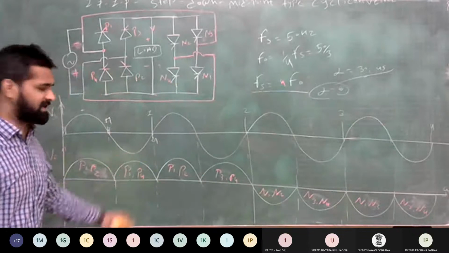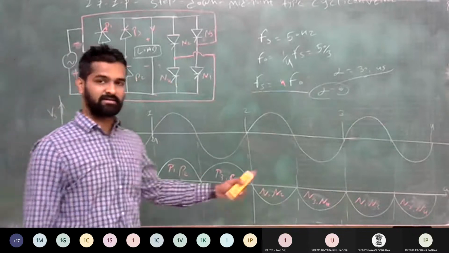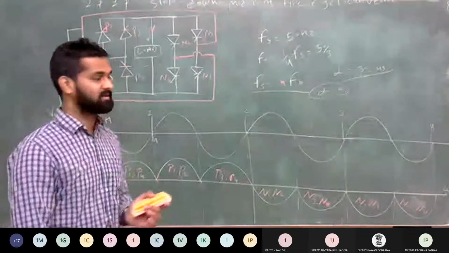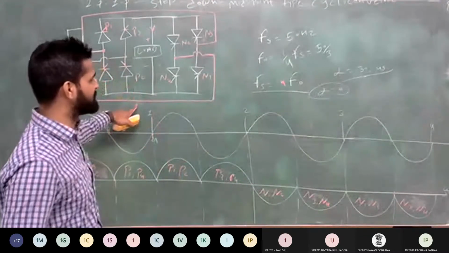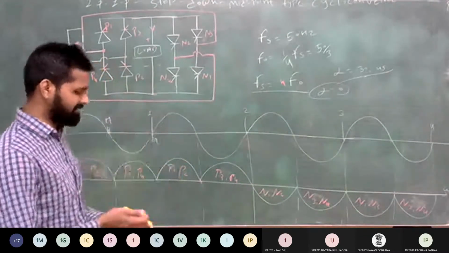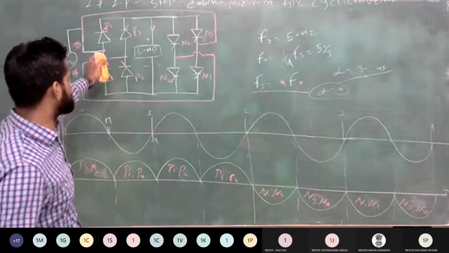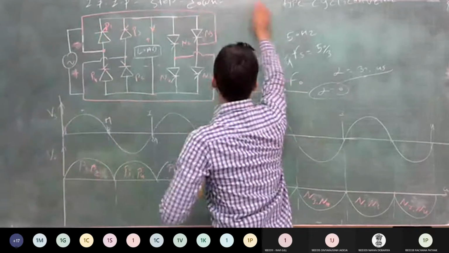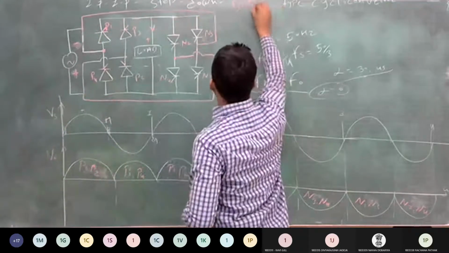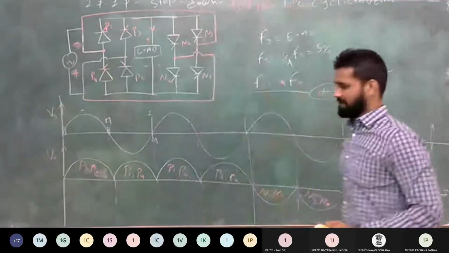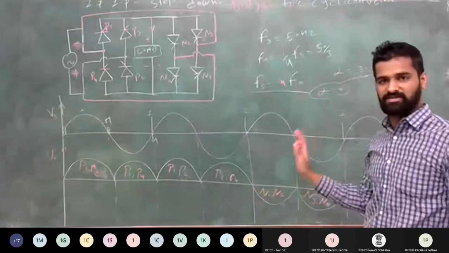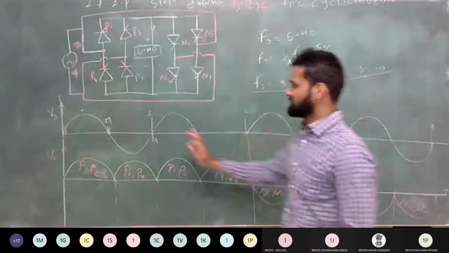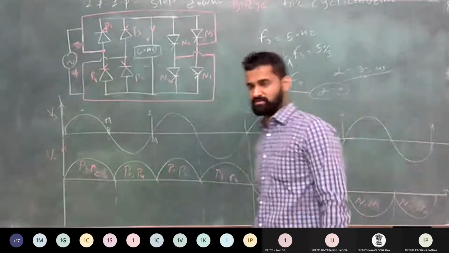Clear? So the waveform remains the same, just the number of thyristors and the thyristor conduction sequence change, in both configurations, the bridge configuration and the midpoint type configuration. So this is a single phase to single phase step down bridge type cycloconverter. Both configurations give the same output voltage if you require, just change the conduction of the number of thyristors.